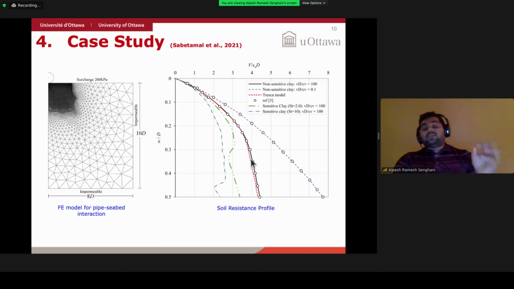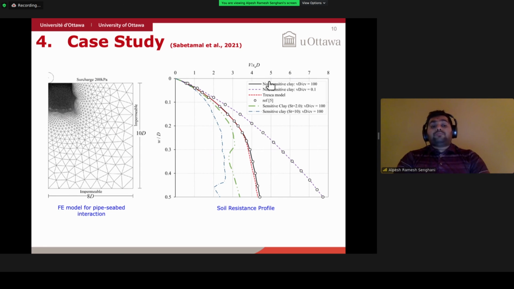So if it is put inside 0.5 D, the surcharge, as you can see in the diagram, is 200 kPa. We have some defined boundaries for that. The mesh was created using 0.25 D near the pipeline. You can see the mesh is really fine near the pipe, really small in value, and it expands higher up.